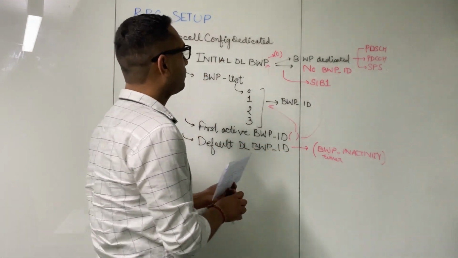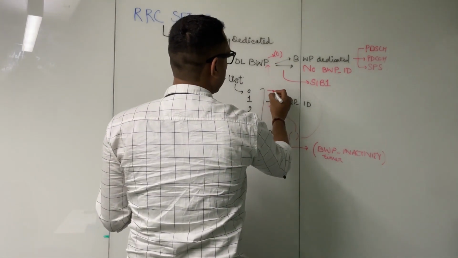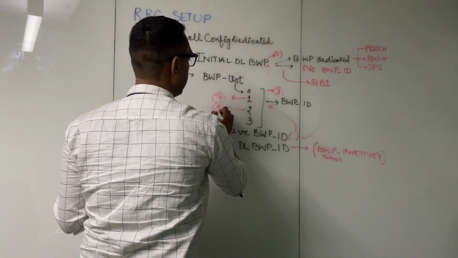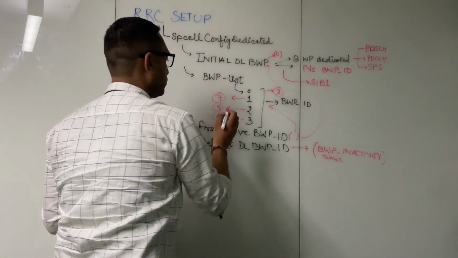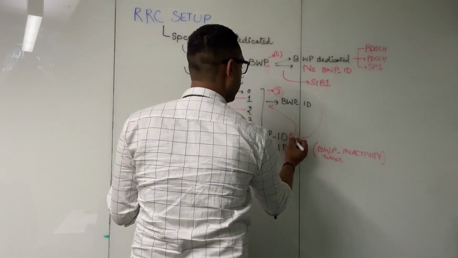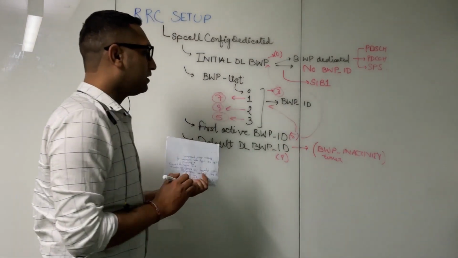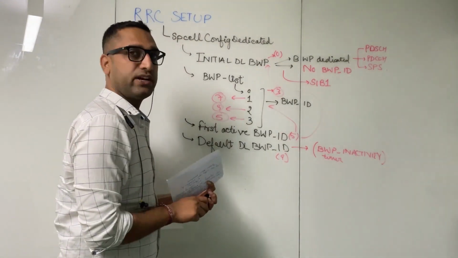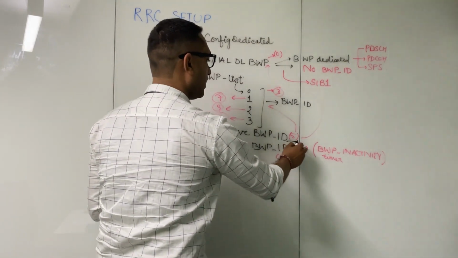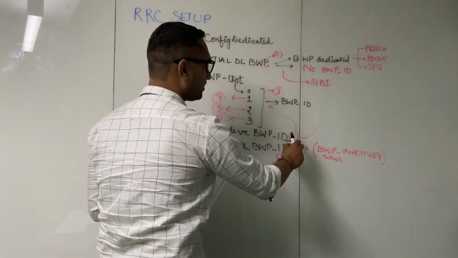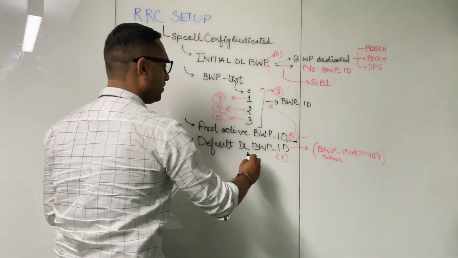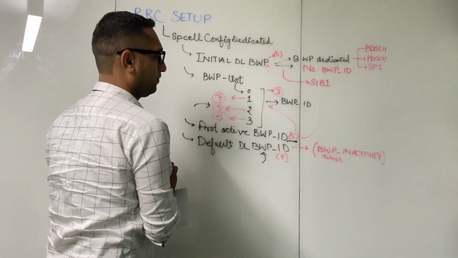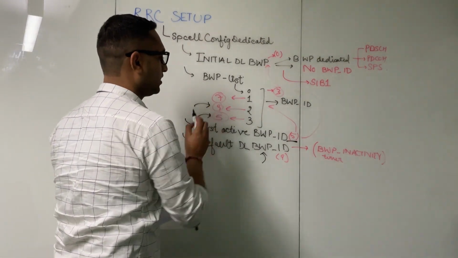Let's say the ID of this is of course 0, this is 3, this is 7, this is 9, and this is 5. If I say first active is 5 and default is 9, the UE will perform registration here, but once RRC reconfiguration is done, the UE will switch to this bandwidth part and start working here. And if inactivity happens and the timer expires, the UE will start monitoring this downlink BWP ID, this one. Otherwise it was working in this one.